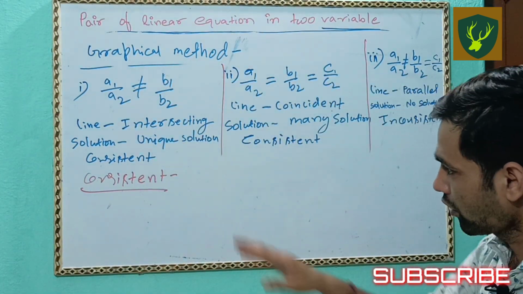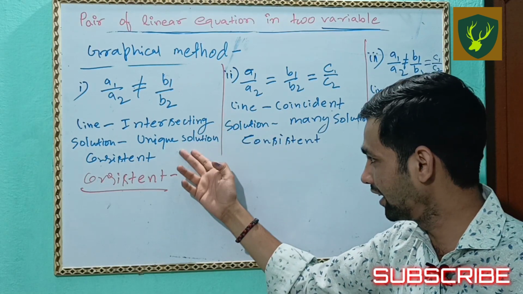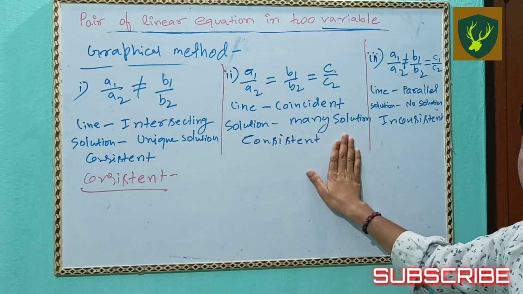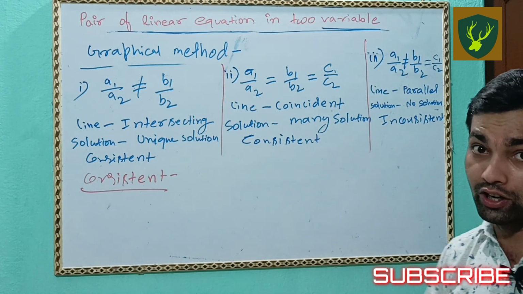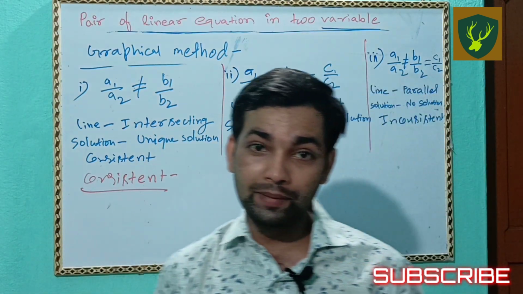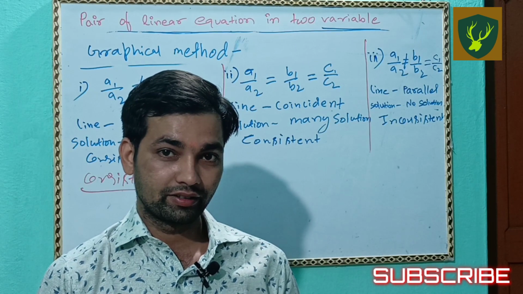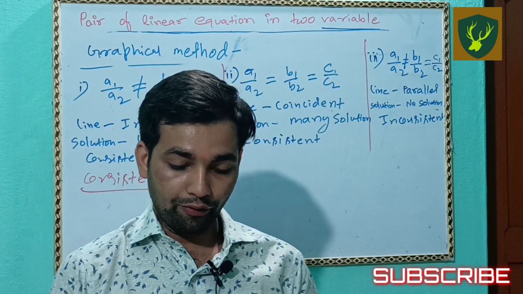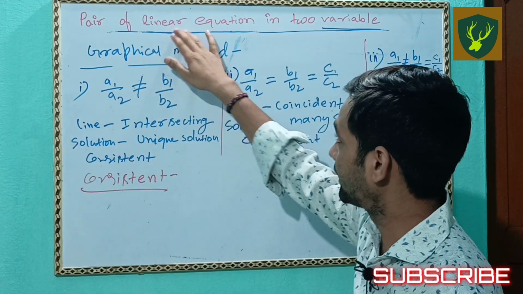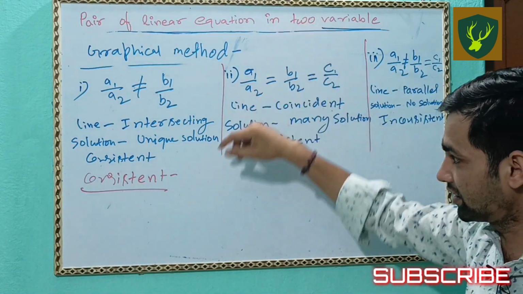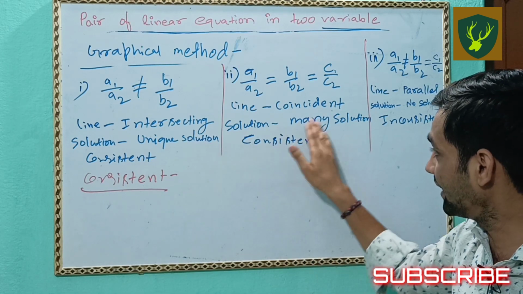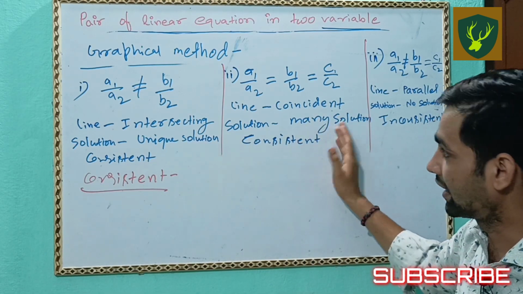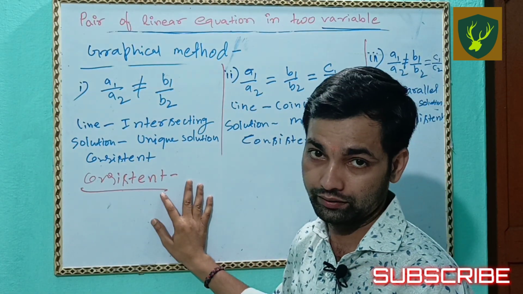If it carries a single solution or many solutions, either one or many, then it will be consistent. Got it? If a pair of linear equations has a single solution of x and y, or many solutions of x and y, then it will be consistent.